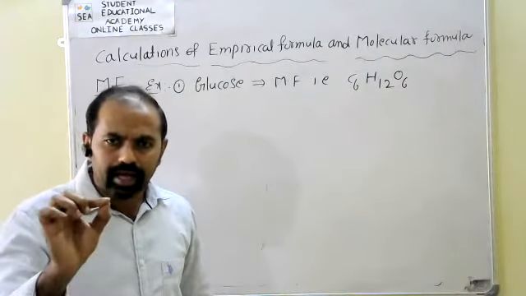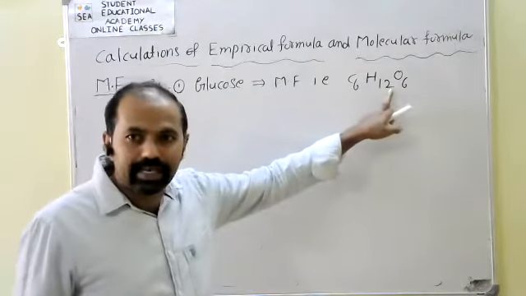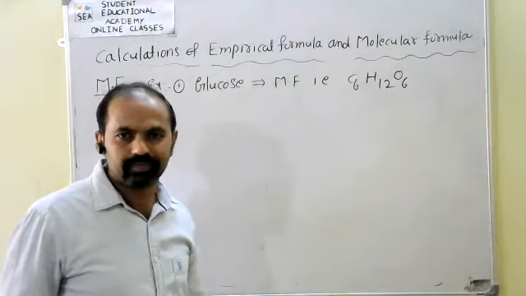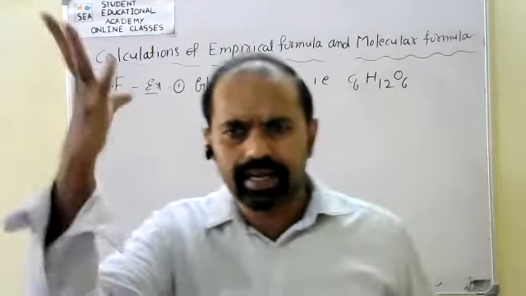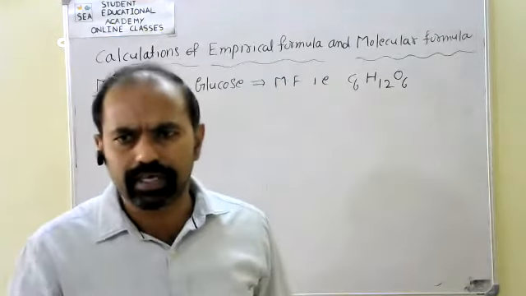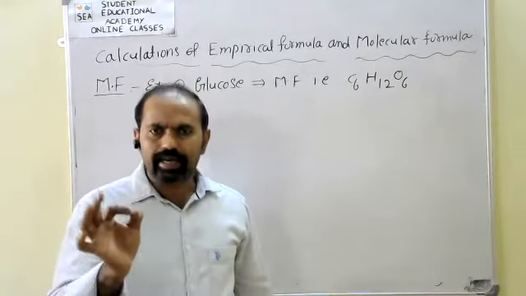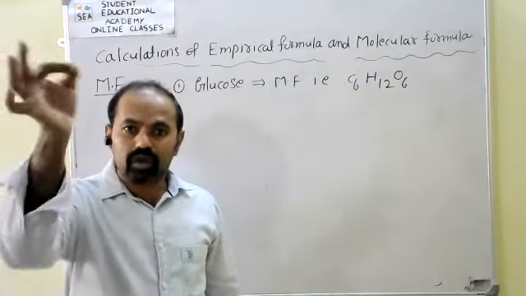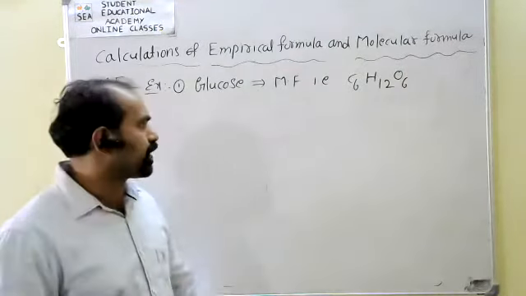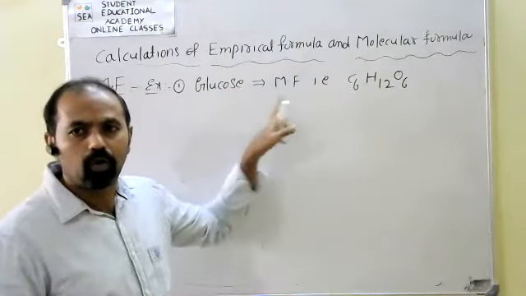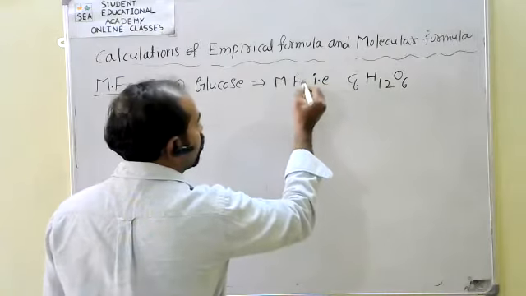It is the exact number of atoms of elements in a given molecule. We can say glucose always contains exactly 6 carbons, 12 hydrogens, 6 oxygens. This exact number of atoms of elements in one molecule of substance, this representation is called molecular formula.